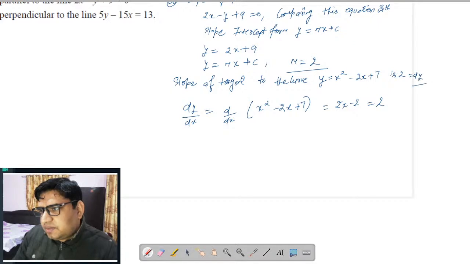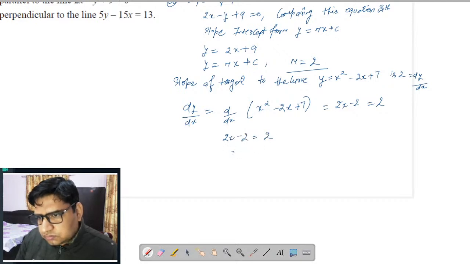Two x is equal to 4, so x is equal to 2 here.